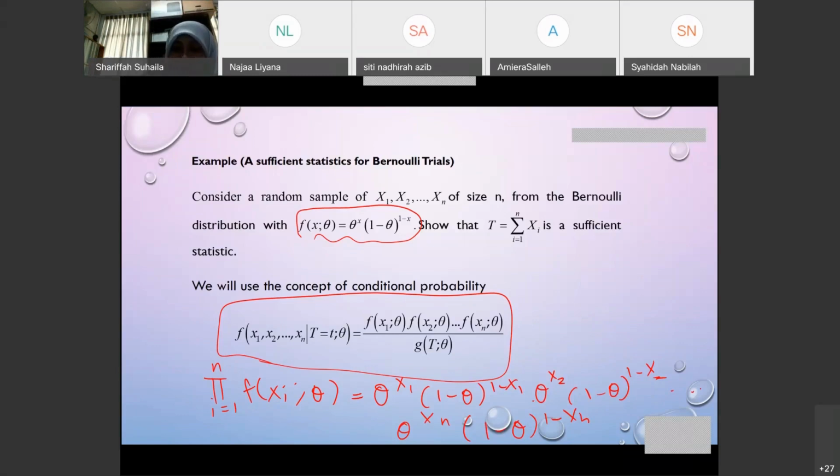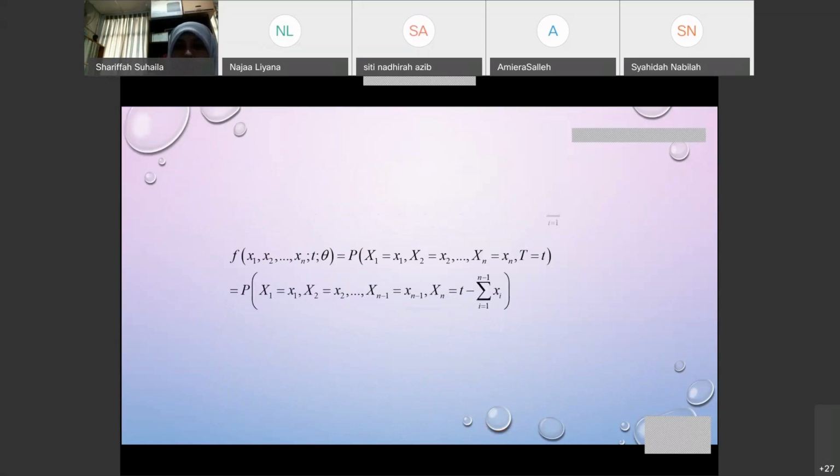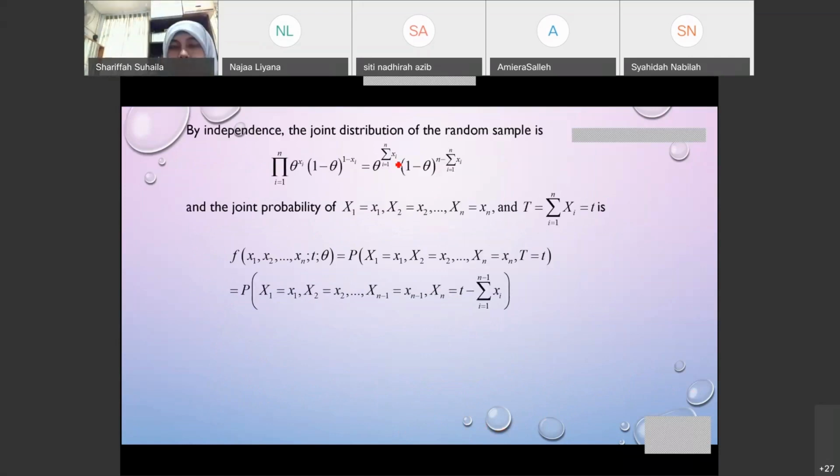Okay, now kita simplify. So the same thing. You have theta to the x1, x2, ..., xn. Okay, so theta sama, so kuasa tu kita akan jadi tambah. So the same thing, (1 minus theta), you have n terms. So here you will have theta to the power summation xi, (1 minus theta) to the power n minus summation xi.